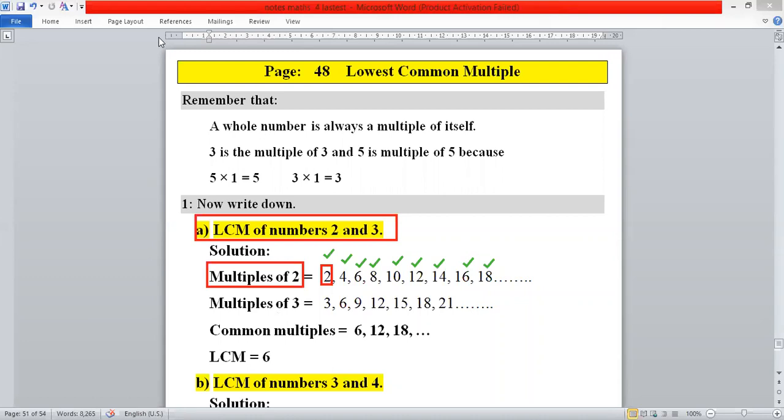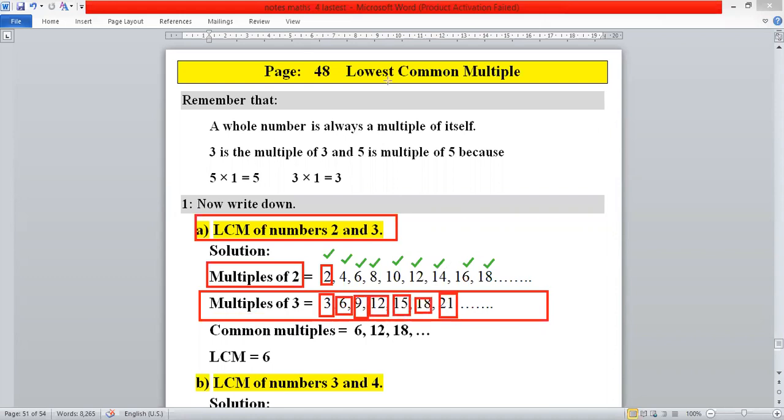In this way, we will write the multiples of 3 by counting the table of 3. 3 ones are 3, 3 twos are 6, 3 threes are 9, 12, 15, 18, 21, and so on.